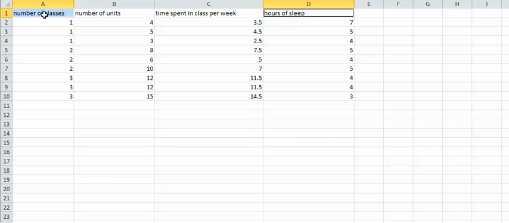The people who are taking the lowest number of classes are getting the most sleep, and the people who are taking the highest number of classes are getting the least amount of sleep. Number of units and hours of sleep are also negatively correlated, because as this is going up, this is going down.